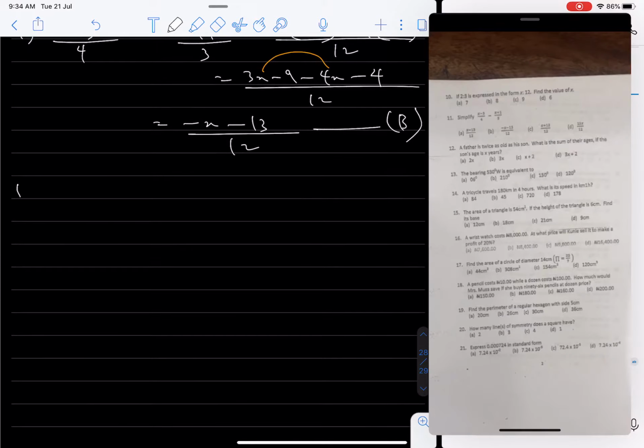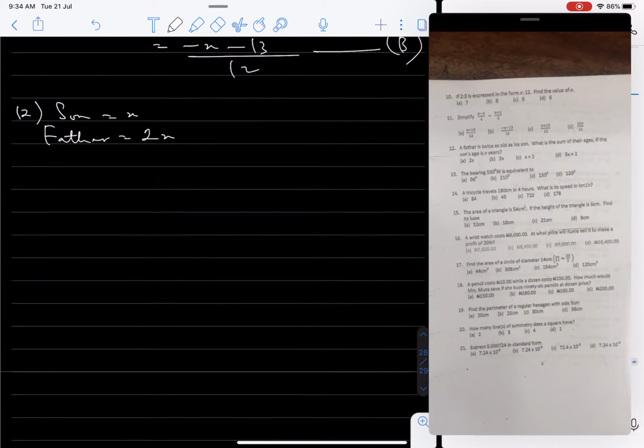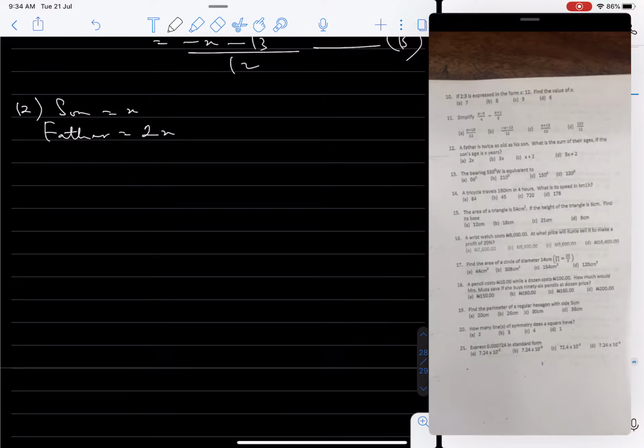Now we go to number 12. A father is twice as old as his son. What is the sum of their ages if the son's age is x years? Father is twice as old as his son, and son is x. That means father equals 2x.